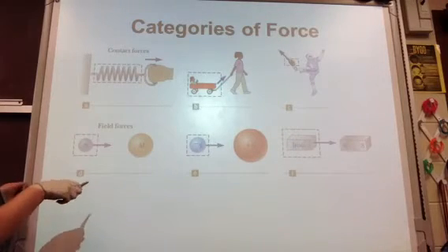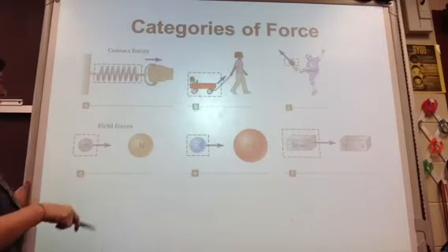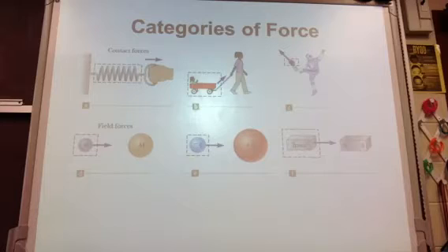We have a second type of force, which is called a field force. A field force also has another name, which we'll hear as at a distance forces. So we can call these field forces, or we could call these at a distance forces. Field forces do not involve physical contact between objects. Instead, a field force acts through space, or through empty space.